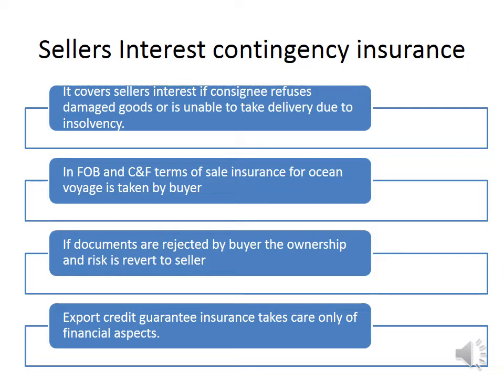At that time, the goods have to be brought back. There are certain credit policies for that. But the contingency policy takes care of the consignment if there are marine perils operating. Export credit guarantee insurance takes care of only the financial aspects, if somebody is rejecting and I have to bring it back, etc. So things are there.